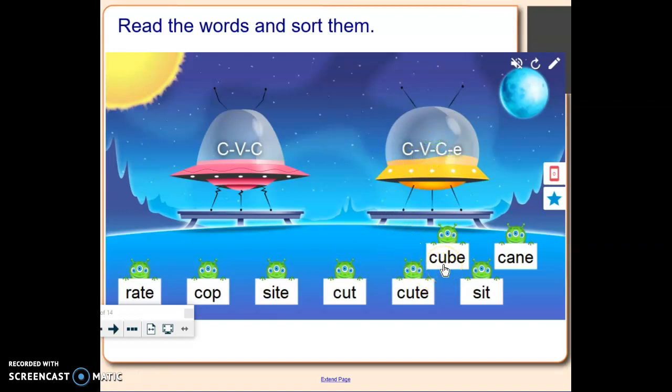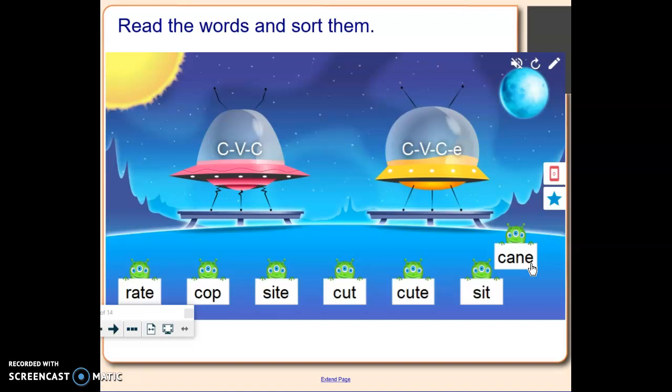Let's try this one. Cube. Did you hear me say the sound U? Because there's a magic E at the end. Cube. That one goes in the orange one. Let's do one more. Does the E at the end of the word have a sound?